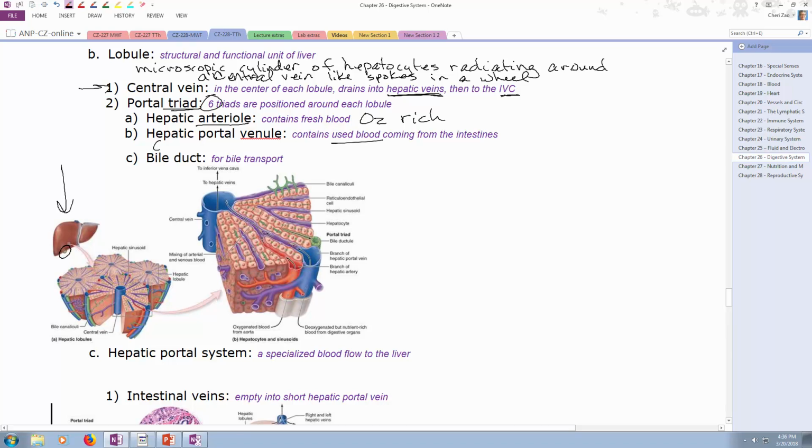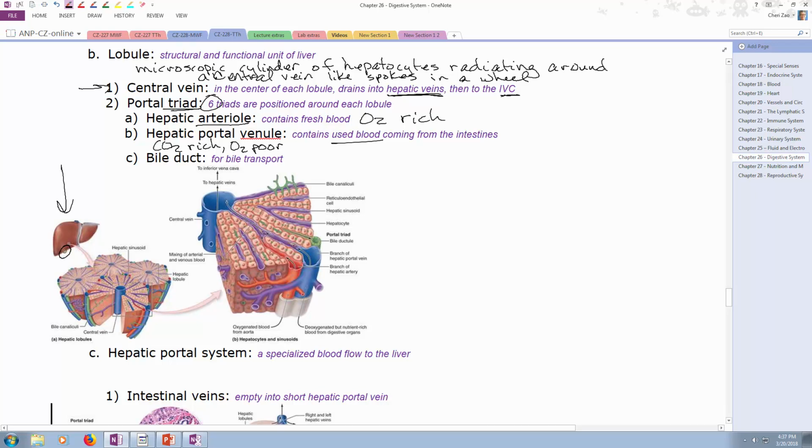So used means CO2 rich, correct? O2 poor. But if it's coming from the intestines, what kind of venous blood is it? Just O2 poor, CO2 rich? What else does it have inside of it that was absorbed into the capillaries? Our foodstuffs, correct?